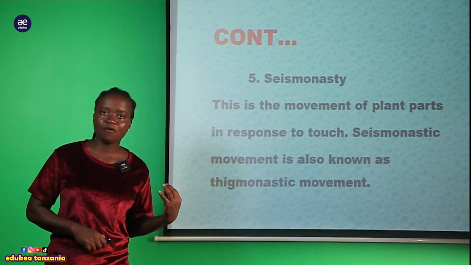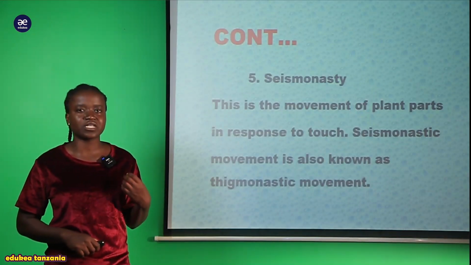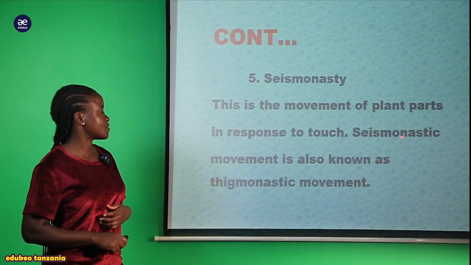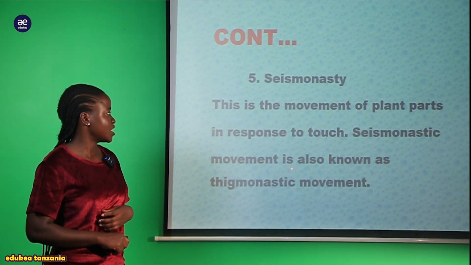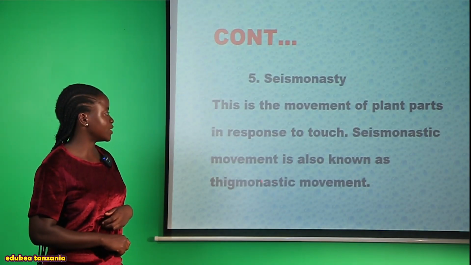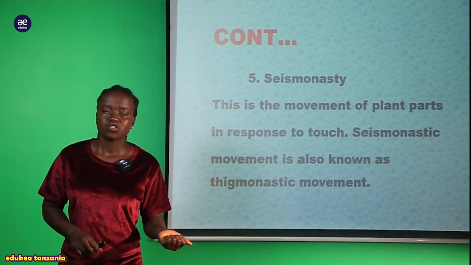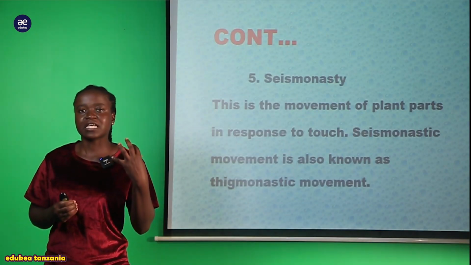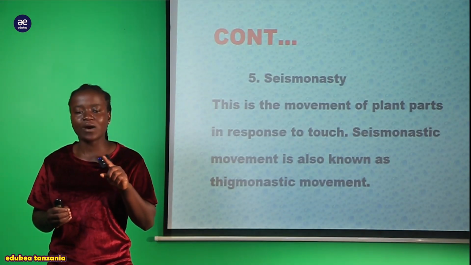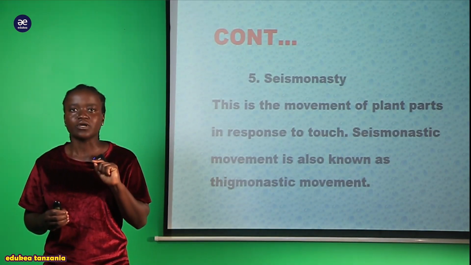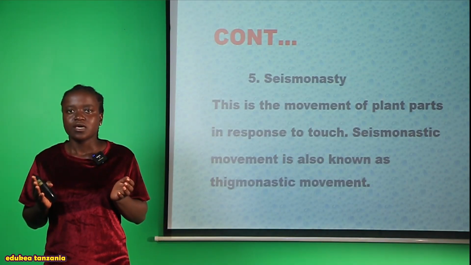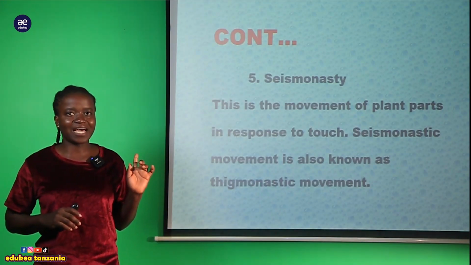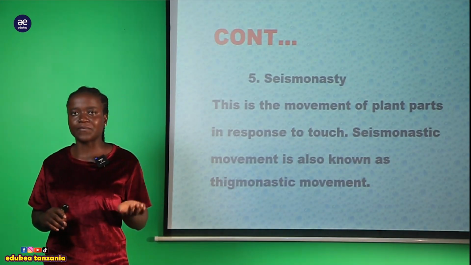The seismonastic movement is also known as the thigmonastic movement. So pale ambapo mti au tunasema kwamba if a plant is being touched, au ukigusa tu huo mti unakuwa una respond. A good example of this plant is Mimosa pudica.